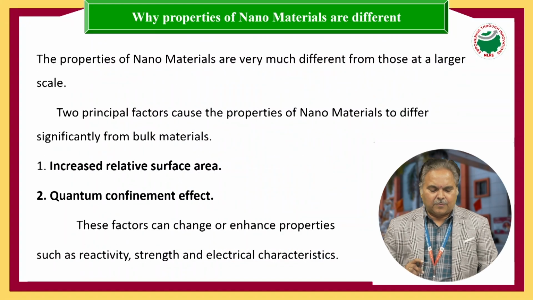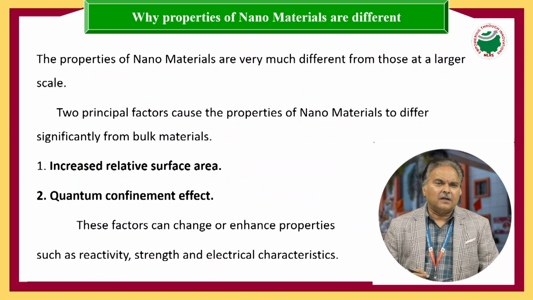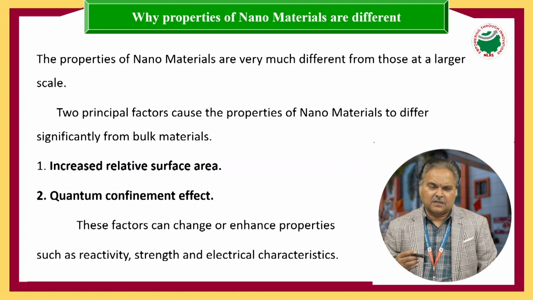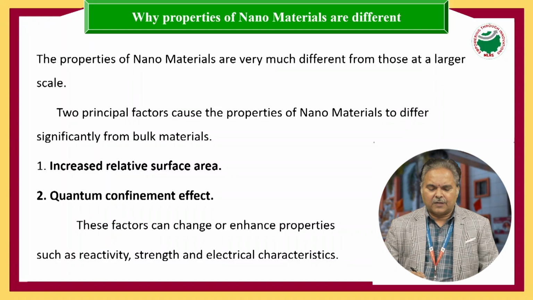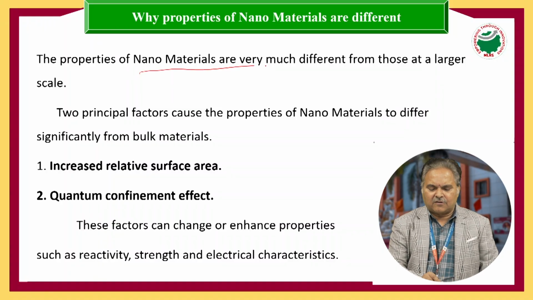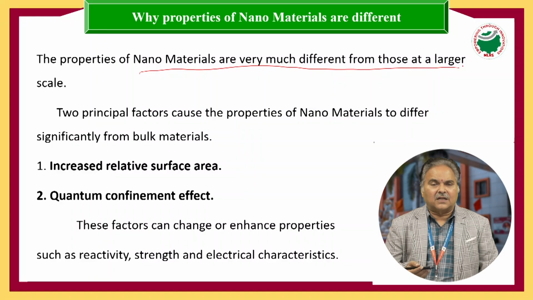Why are these nanomaterials important, and why are they different compared to bulk materials? There are two phenomena, and due to them nanomaterials are more effective than bulk material. Nanomaterials are very different from those at a larger scale.